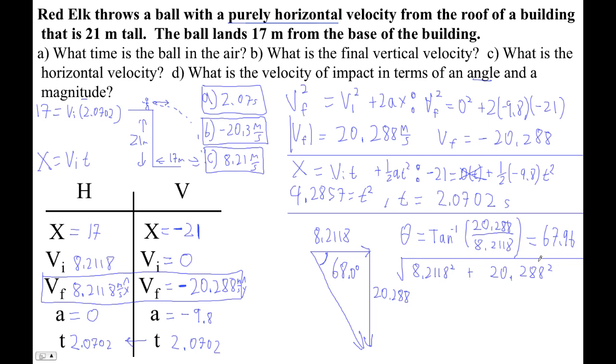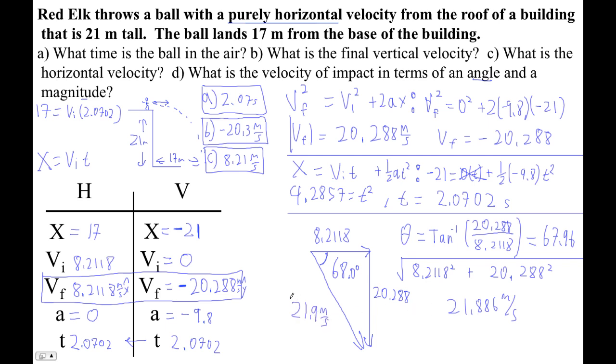So second square root, left parenthesis, 8.2118 squared plus, and I get 21.886. And that's the magnitude of the velocity vector, so I'm going to say 21.9.